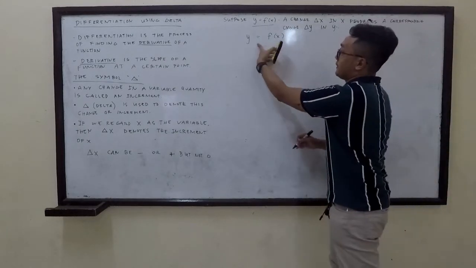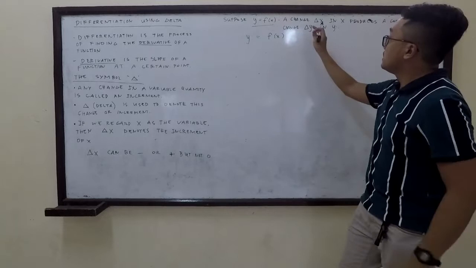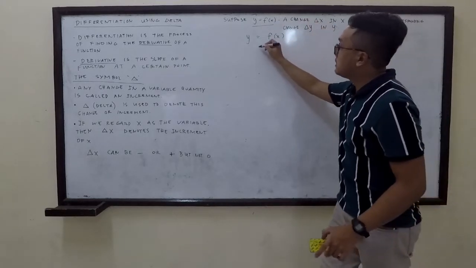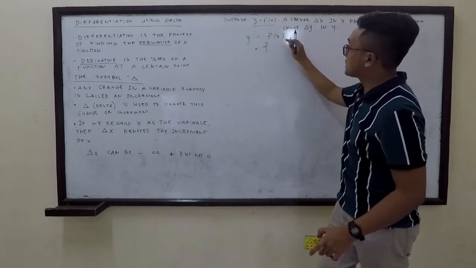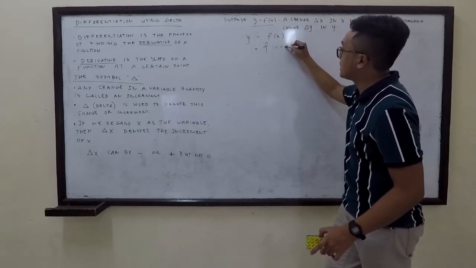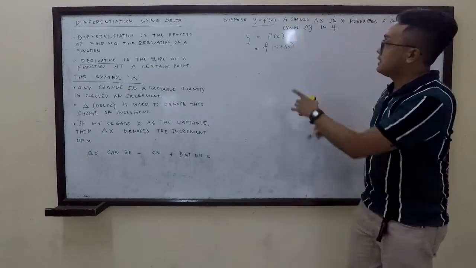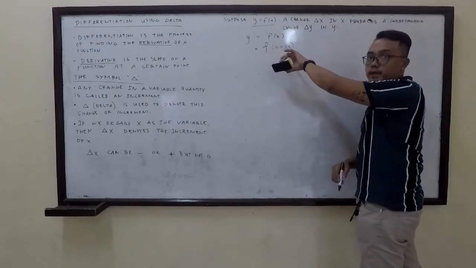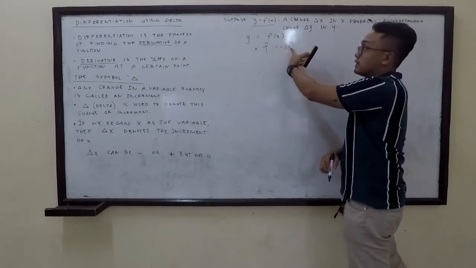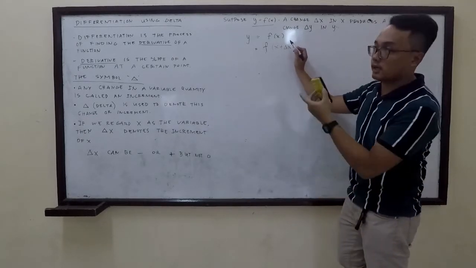Okay, so this is our function to consider. First, we put a change here. We simply replace x by x plus the change. So it's the function of x plus delta x, or function of x then added by the change. This change can be negative or positive.